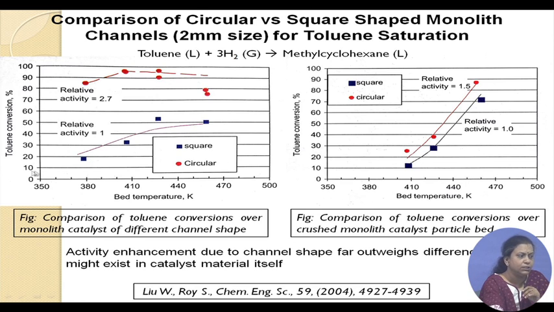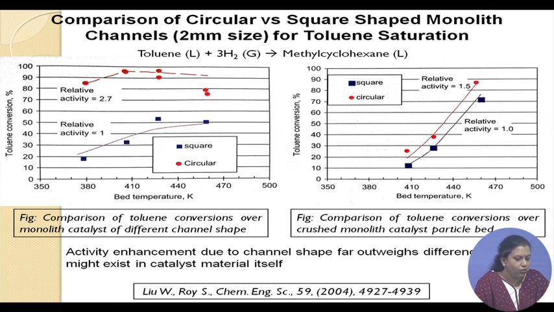For just toluene conversion, in the absence of any other reaction, the same thing happened: the circular channel showed much better reaction activity as compared to a square channel.